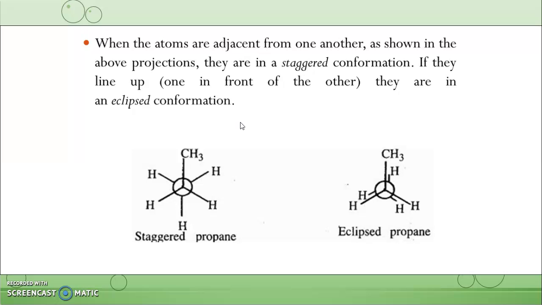They are in a staggered conformation. If they line up, one in front of the other, they are in an eclipsed conformation. So eclipsed propane is also known as gauche, while staggered propane is trans.